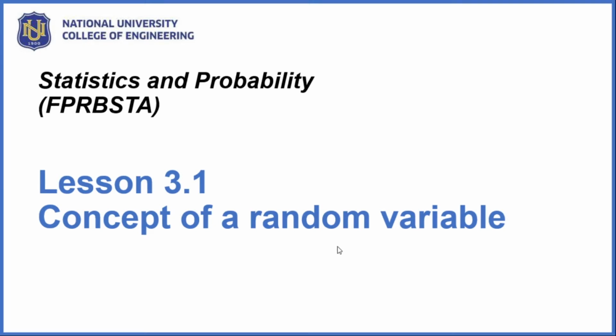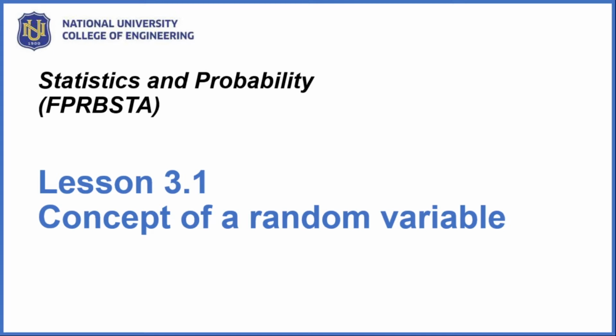So we'll now continue our discussion on the concept of a random variable, in which last time we were talking about assigning a variable to the outcome of our statistical experiment, and assigning a random value to that variable.